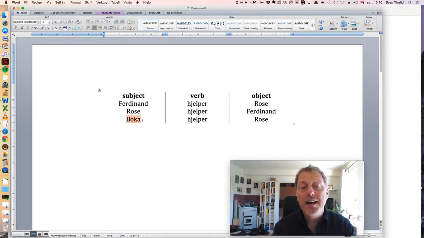Now we have put in the noun the book, and this means that the book is the subject and Rose is the object that is being helped by the book. Now this you already know.